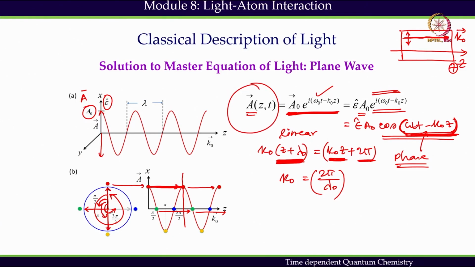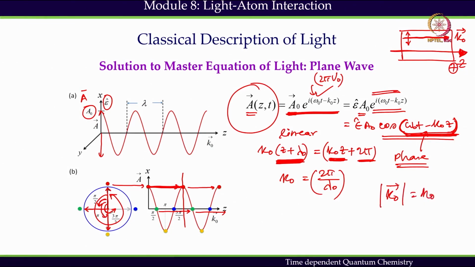It has an angular frequency omega naught. This is the angular frequency, which is nothing but 2 pi nu naught. Nu naught is the optical frequency. K naught is the magnitude of the propagation vector. So propagation vector is this one, along which, here we are assuming that the z direction is the propagation vector. And magnitude is k naught.